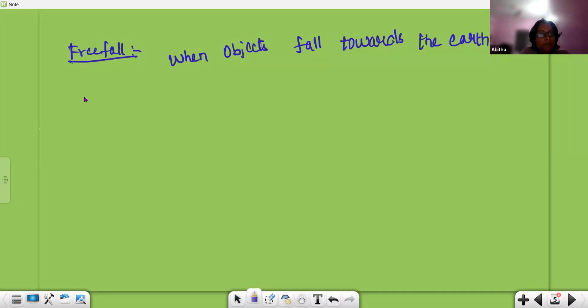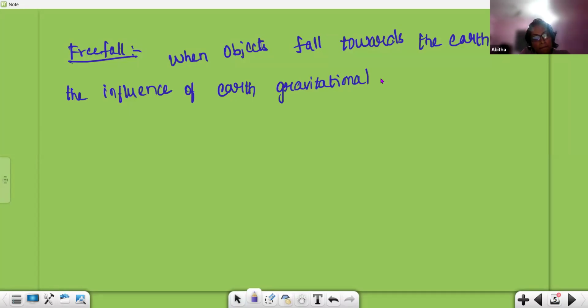When objects fall towards the earth under the influence of earth's gravitational force, such an object is called free fall.